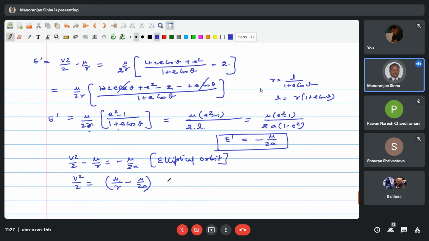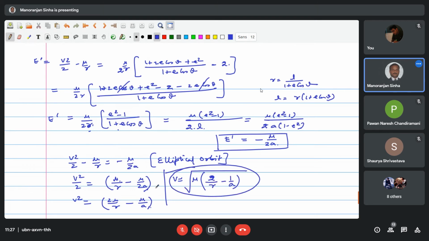If we multiply by 2 on both the sides, this is v squared equals 2 mu by r minus mu by a. And later on we will see that this can be derived in some other way.